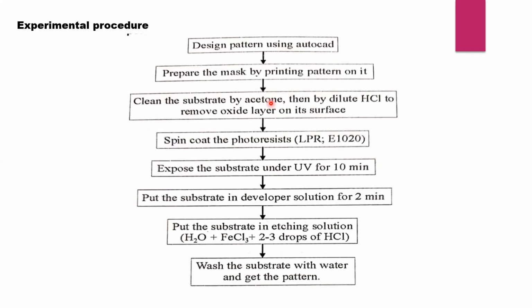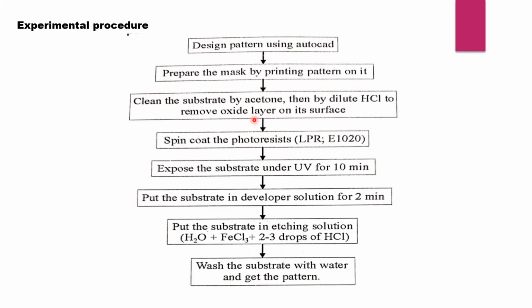Next, what is left? We have to remove even the oxide layer in order to facilitate good bonding, good development of the mask with design pattern on the surface of the silicon substrate.